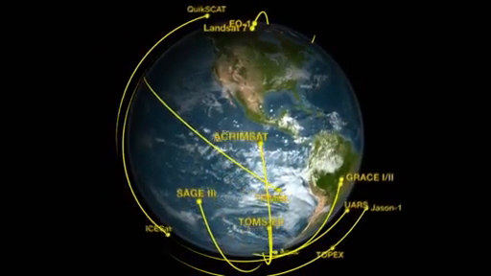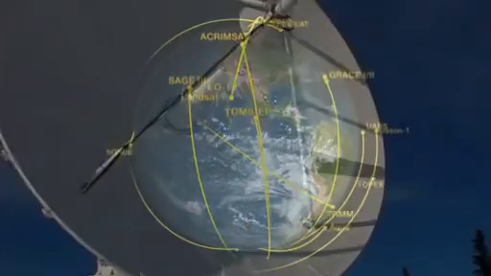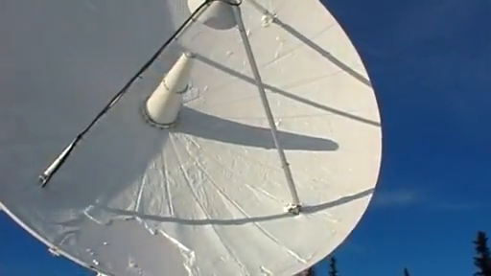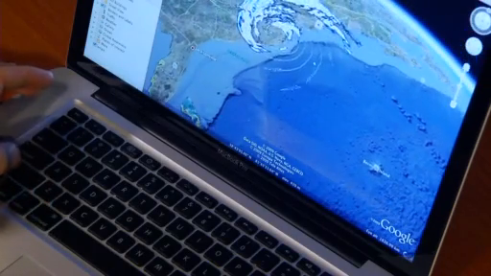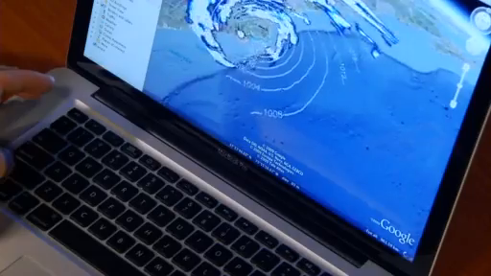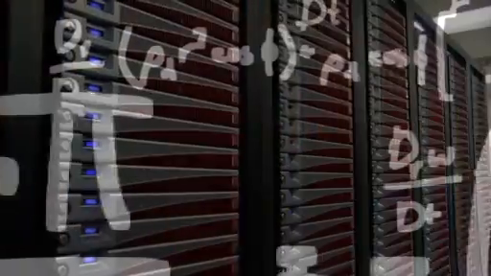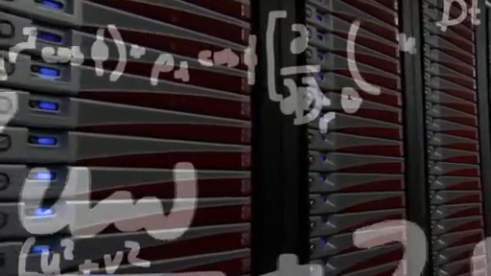NASA satellites orbiting the Earth relay immense amounts of data back to scientists on the ground, who can then enter that data into computer model simulations. We have equations, and then we have computer code which solves those equations on a day-to-day basis.